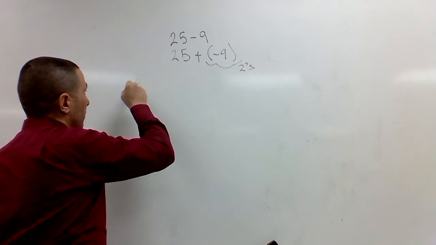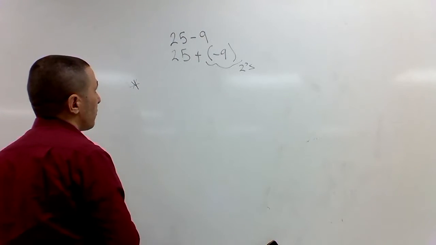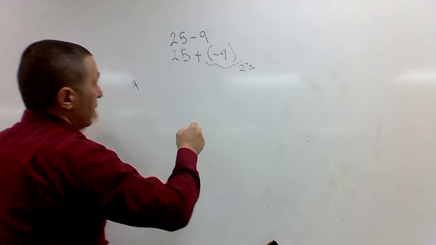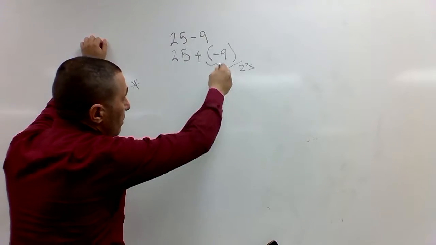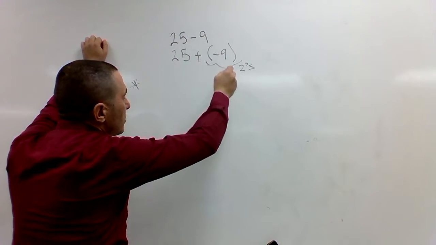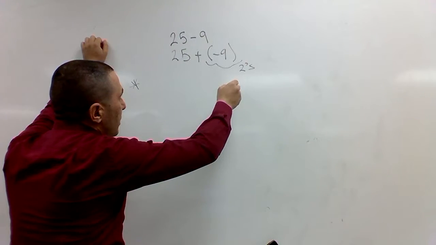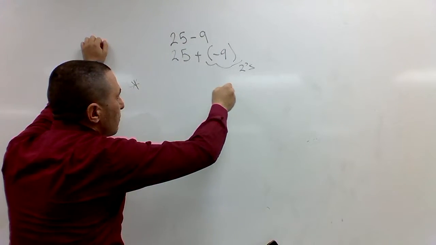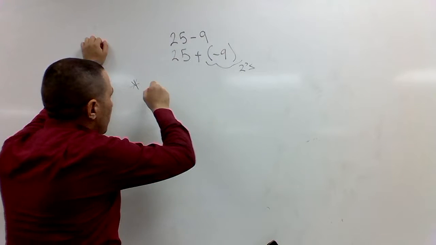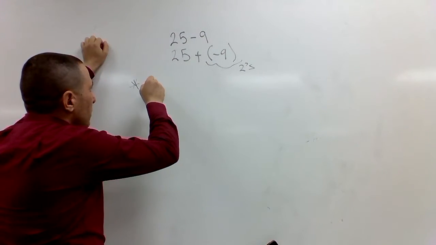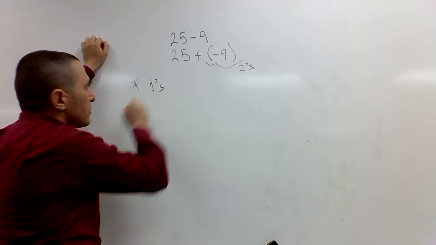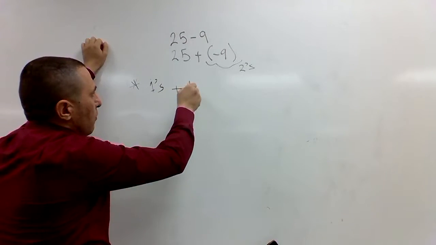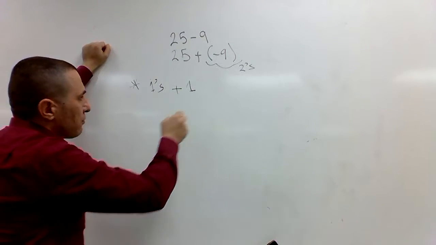Let's find the 2's complement for negative 9, and let's take them in 8-bit. How do I find the 2's complement? Find the 1's complement and add 1 to it. What's the 1's complement for 9?